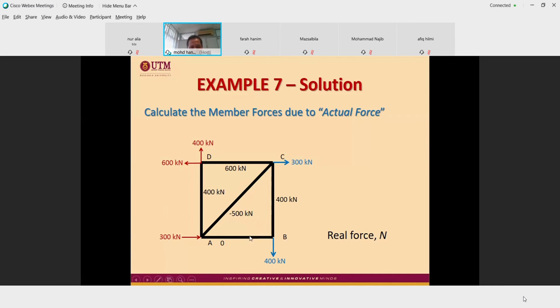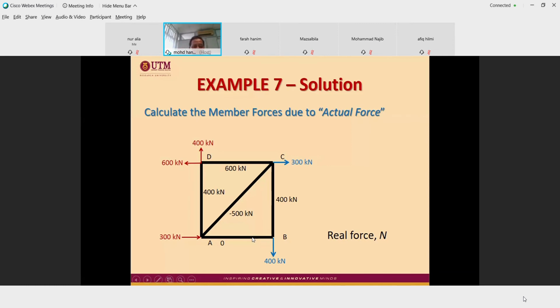This one is zero because this force is collinear, meaning that this member and this force are collinear, therefore the third member will be a zero member.